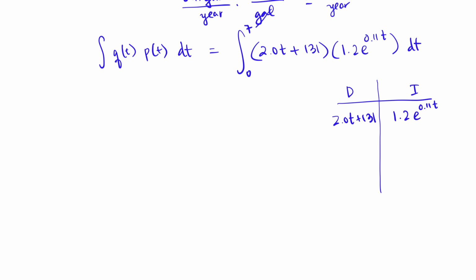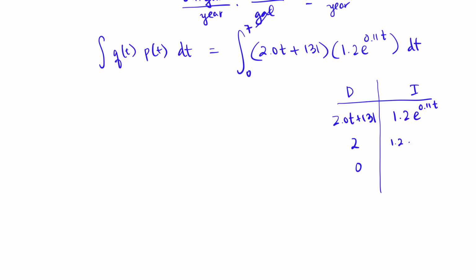On the left-hand side, we successively take derivatives. The derivative of 2T plus 131 is 2. The derivative of 2 is 0. On the right column, we successively take antiderivatives. 1.2 is a constant multiple, so we rewrite it.